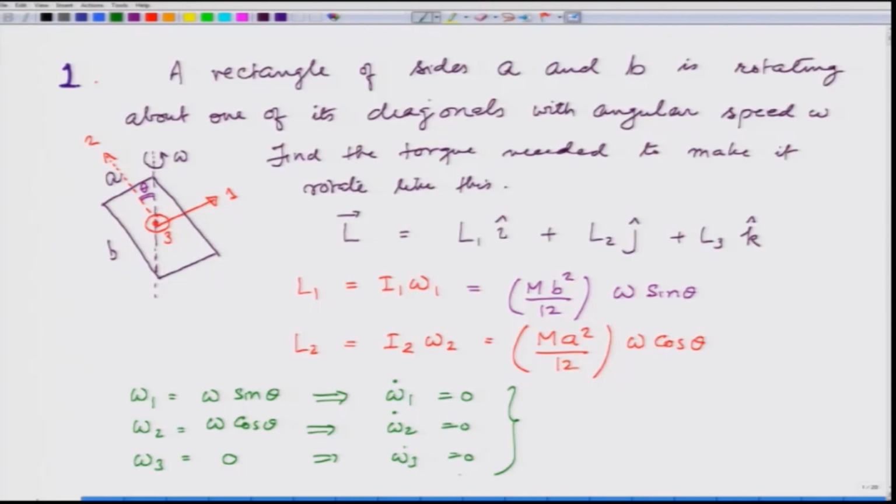Let us now apply Euler's equations to this. Euler's equations tell me that tau 1 is going to be I1 omega 1 dot plus omega 2 omega 3 times I3 minus I2, and we have already seen that omega 3 is 0, omega 1 dot is 0, and therefore, tau 1 is 0.